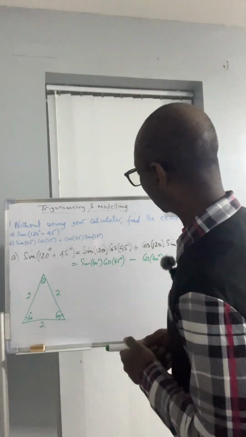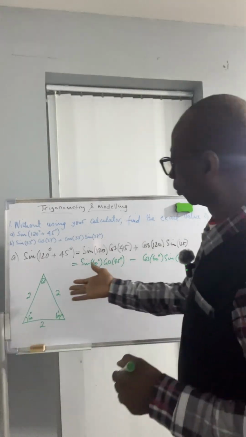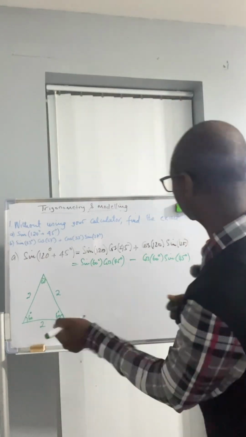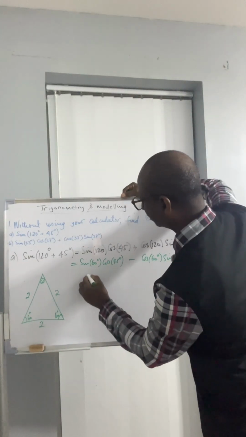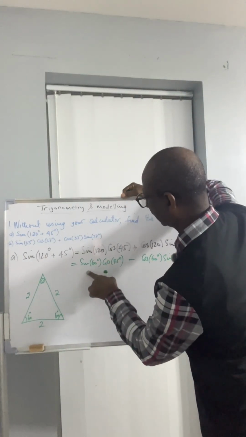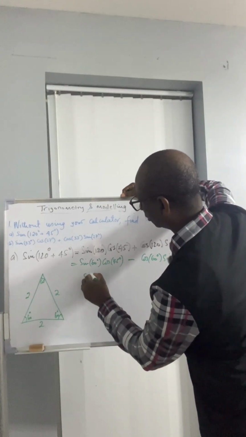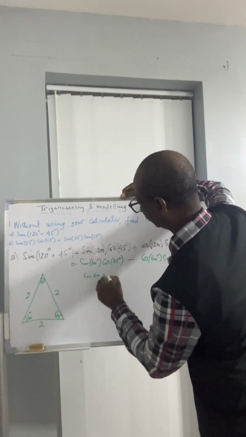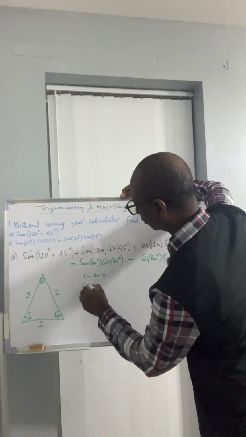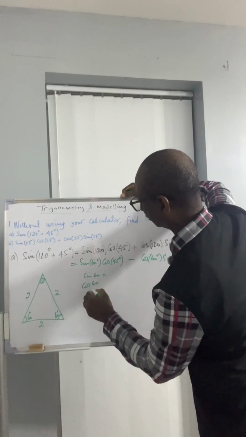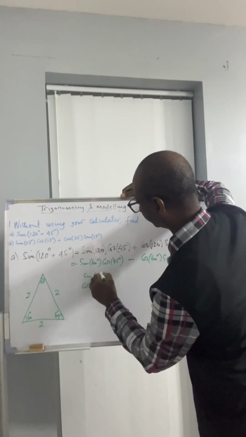Right? Now, I want to find what I'm looking at here. I need, in this case, sine of 60. I need cosine of 60 degrees.